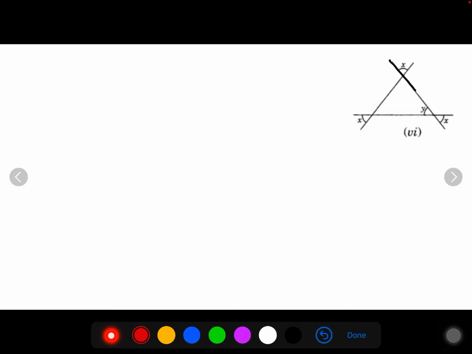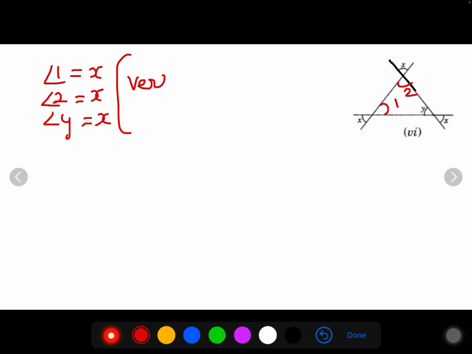So angle 1 is equal to x, angle 2 is equal to x, and angle y is also equal to x, because they are all vertically opposite angles.